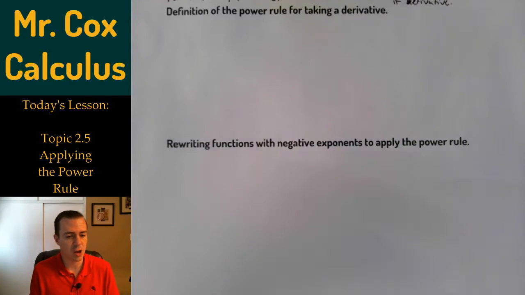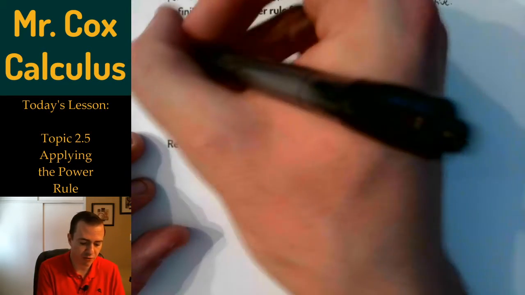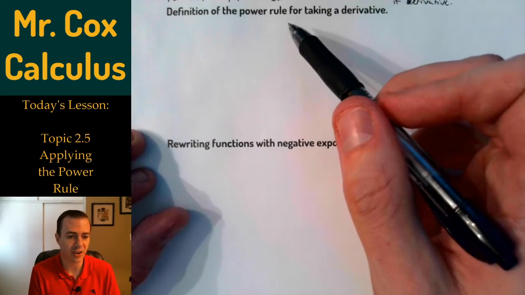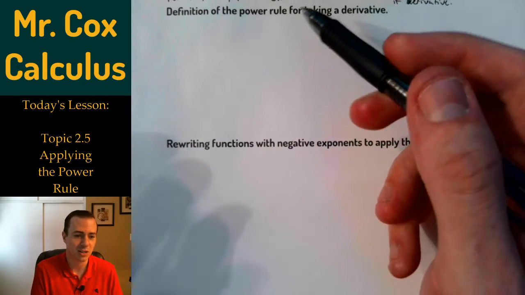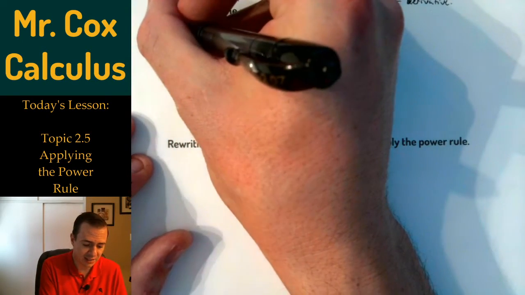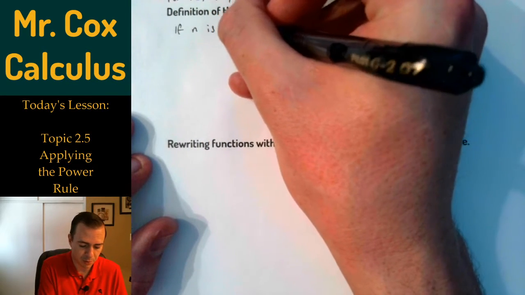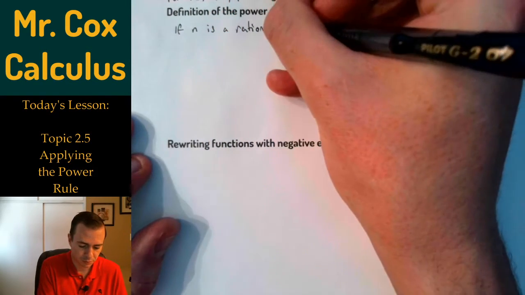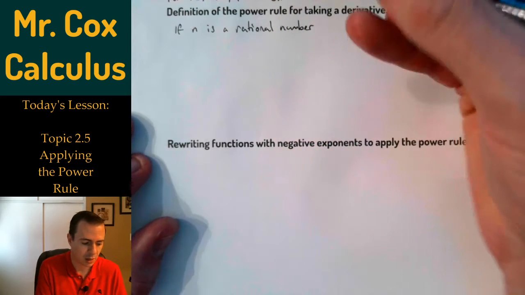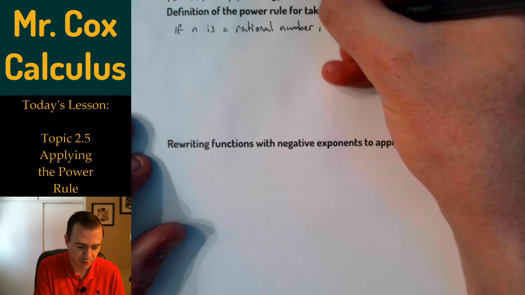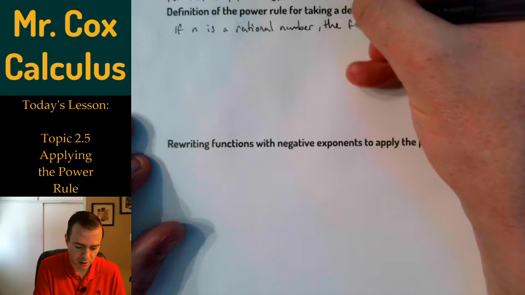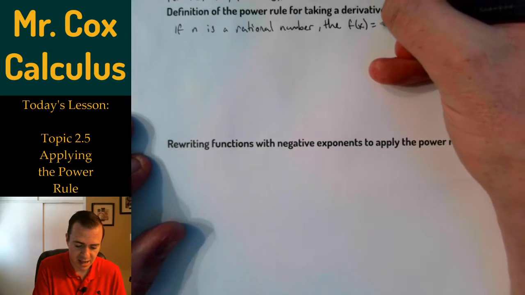In the previous video, we explored a pattern that was going to emerge whenever we took the derivative of a power function. And in fact, we do get a very simple thing called the power rule for taking a derivative. It says that if n is a rational number, then f of x equals x to the n.